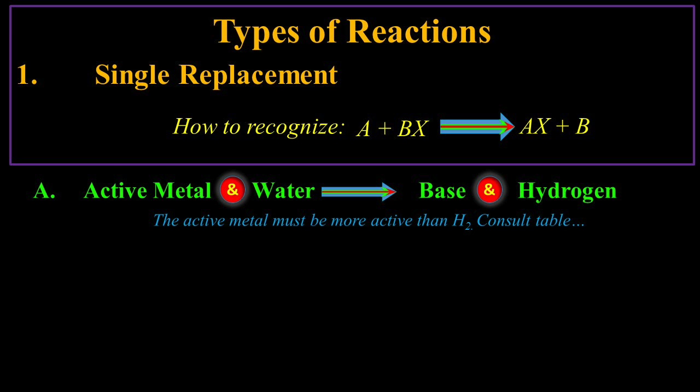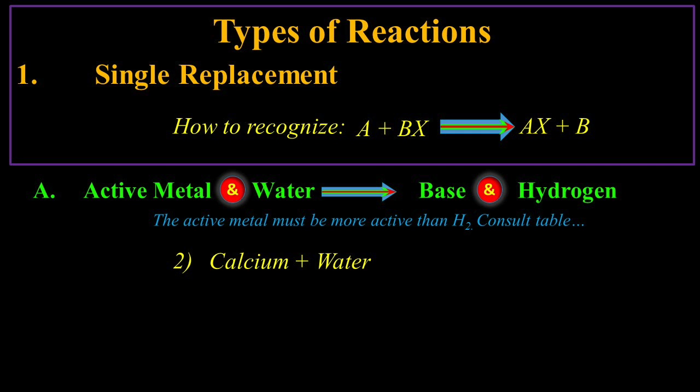Now we're going to do another example of an active metal and water. Remember, there are only 3 elements on that table that are able to replace the hydrogen in water, and another one of them is calcium, which we'll see in lab. So calcium will come in and replace the hydrogen and produce calcium hydroxide, which has a lot of industrial uses.